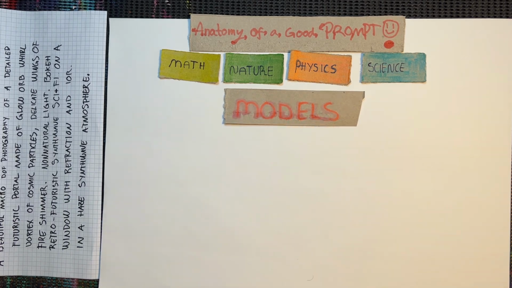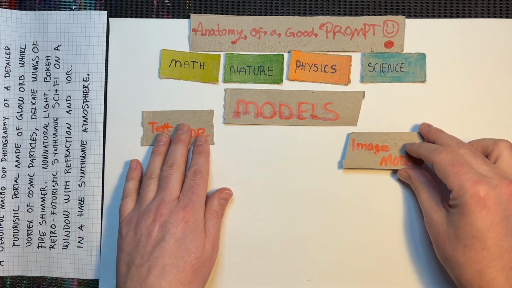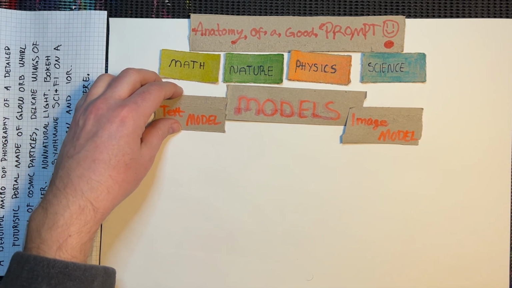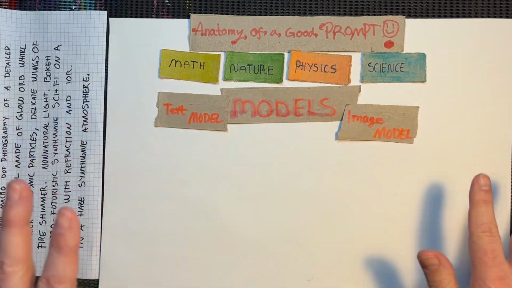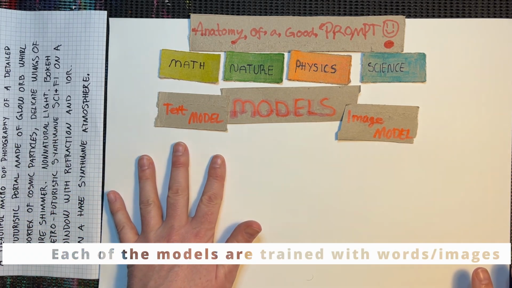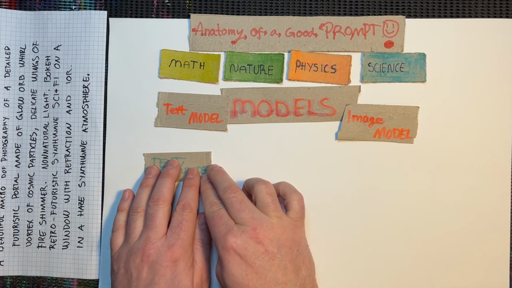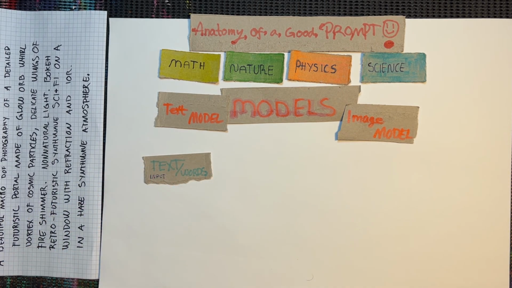Yep, models. You have a text model and you have an image model or models. You can use multiple models to get an image. And what the text model is doing, it takes care of the text you input, and it goes through a lot of stages. You have something called an encoder.